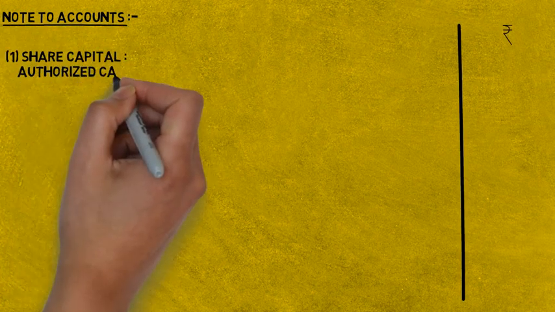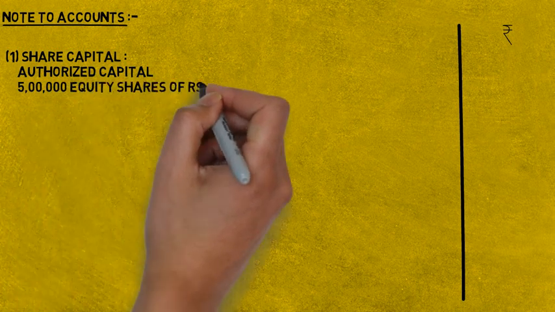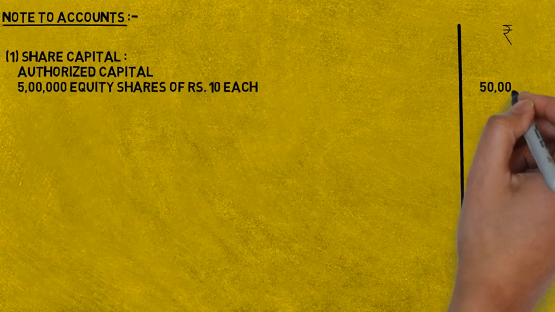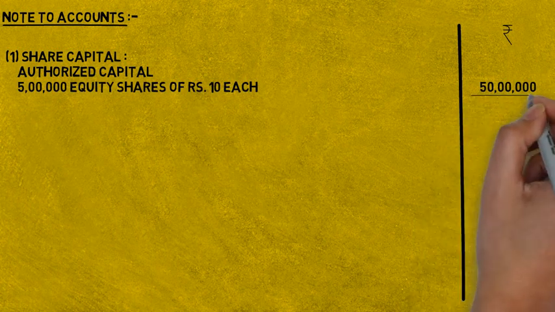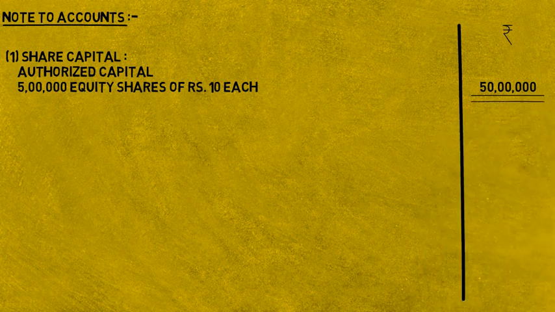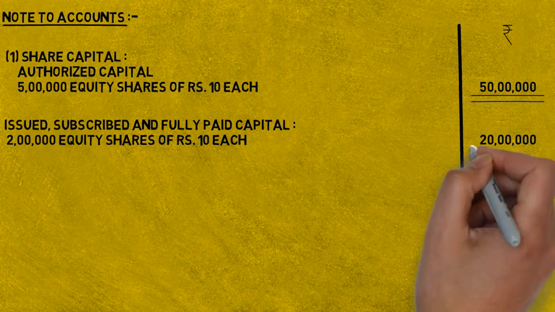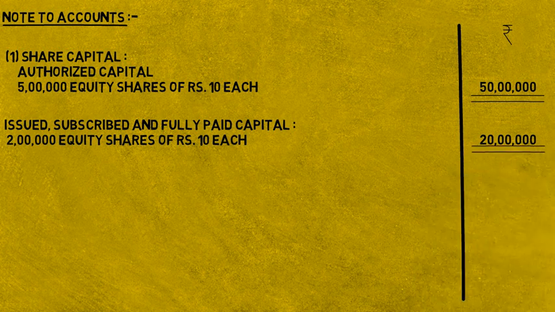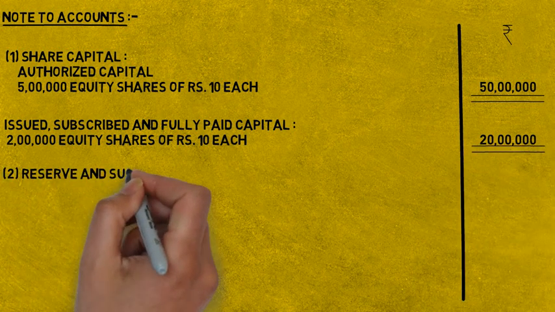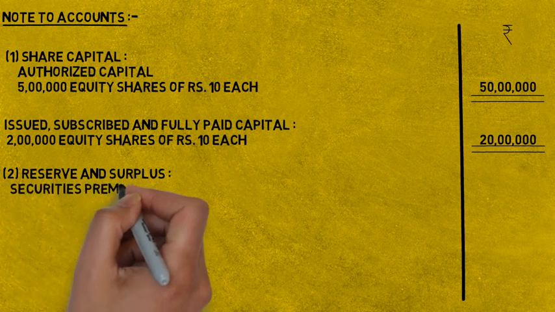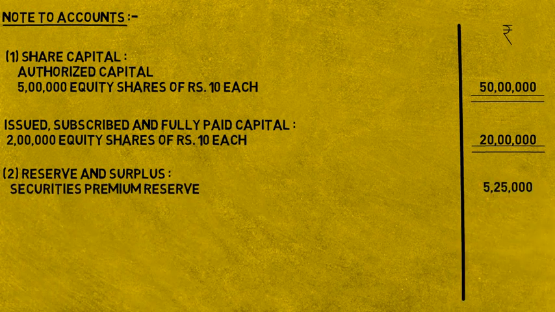First will be the working of share capital, where we will mention the authorized capital of the company, which is rupees 50 lakhs. Then the issued, subscribed and fully paid up capital is rupees 20 lakhs. In the second note, we have shown the amount of reserve and surplus, which is 5,25,000 rupees.